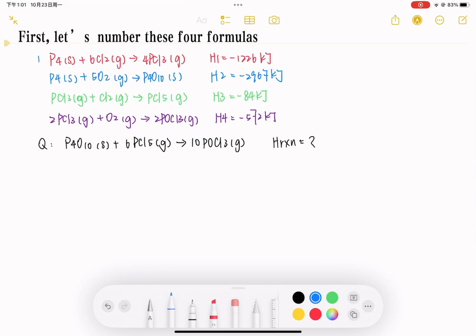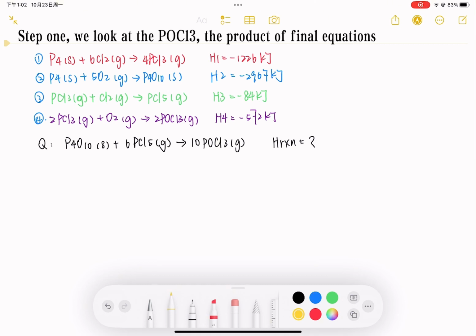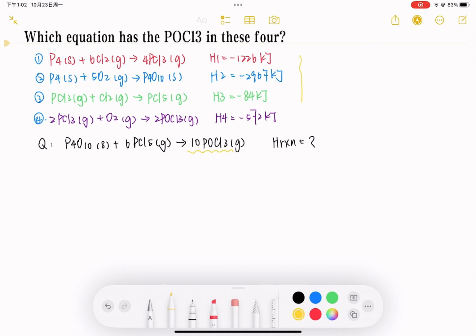First, let us number these 4 formulas, convenient to solve the question. Step 1. We look at the POCl3, the product of the final equation. Which equation has POCl3 among these 4?